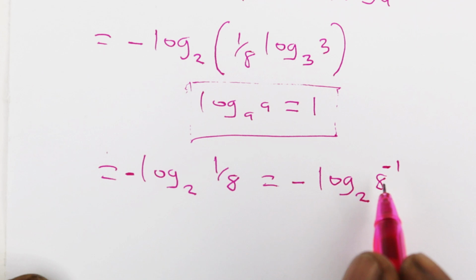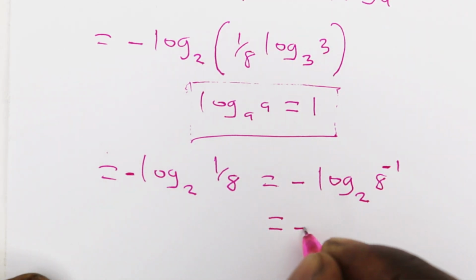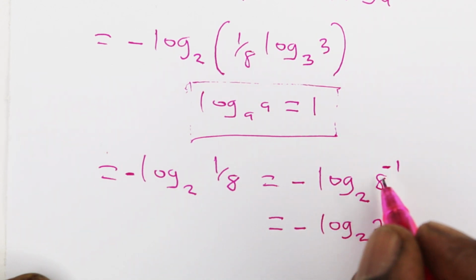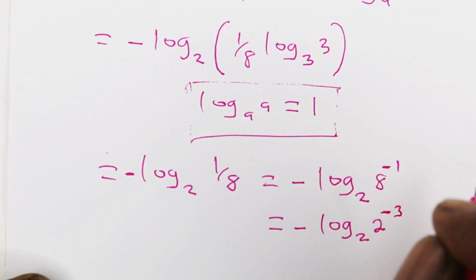And you can still write 8 to a base 2, so that you have negative log to base 2 of 2 raised to power 3. So that 3 times negative 1, that is minus 3.